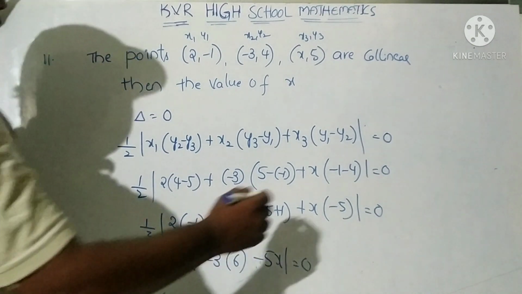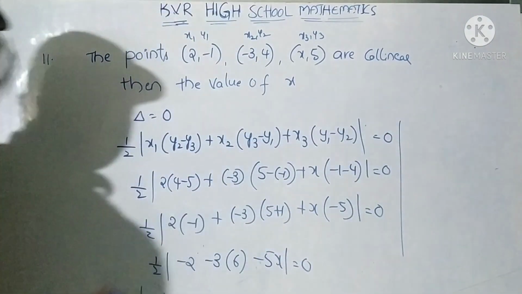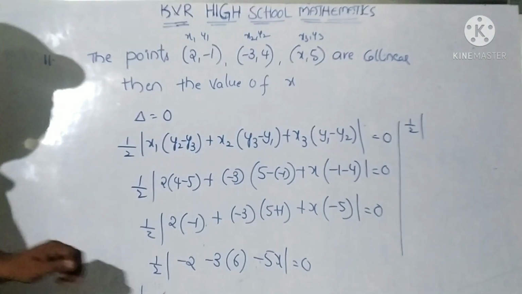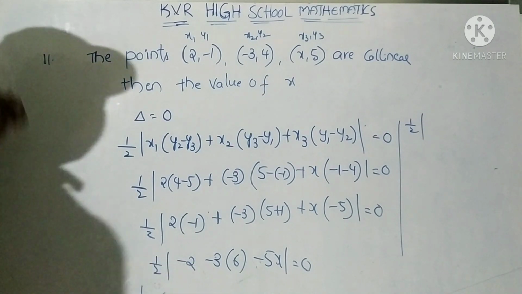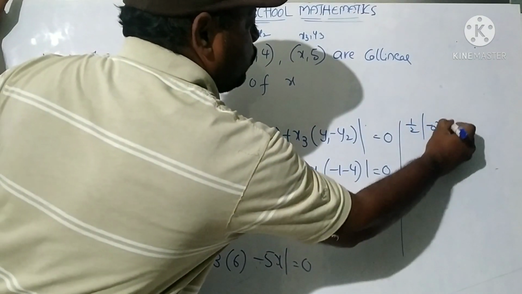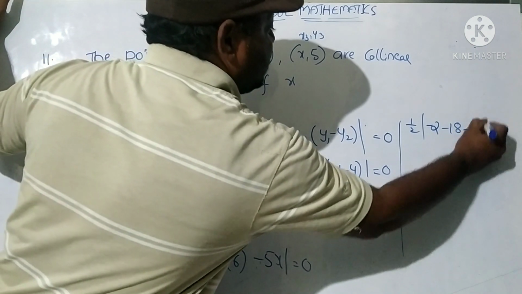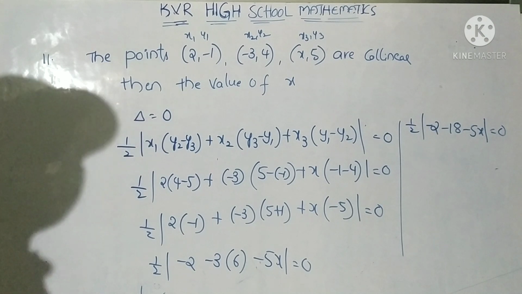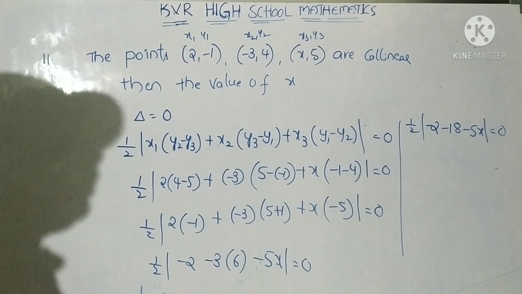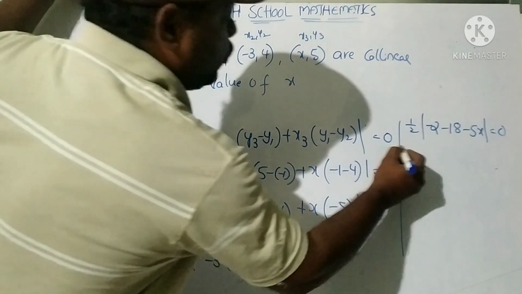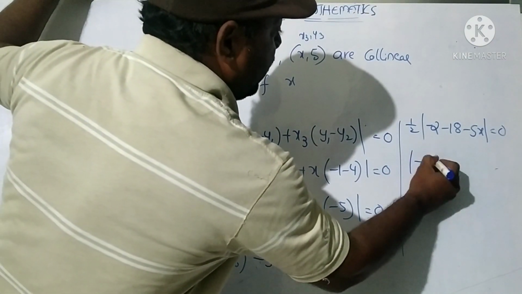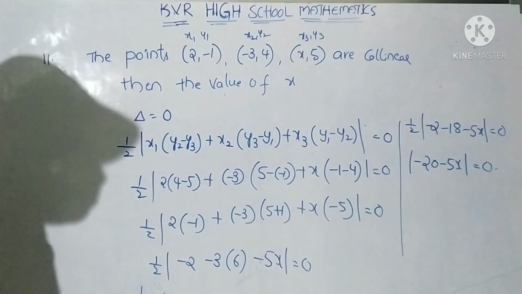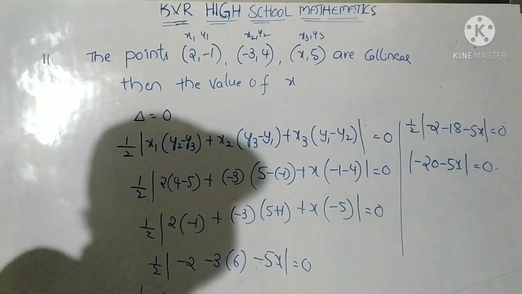So half modulus of minus 2 minus 18 minus 5x equals 0. Minus 2 minus 18 minus 5x equals 0. So 1 by 2 transposed to the right side becomes 2 by 1, modulus of minus 20 minus 5x equals 0, which means 0.